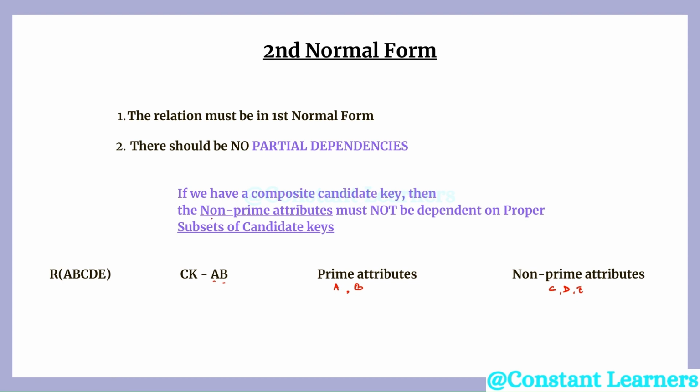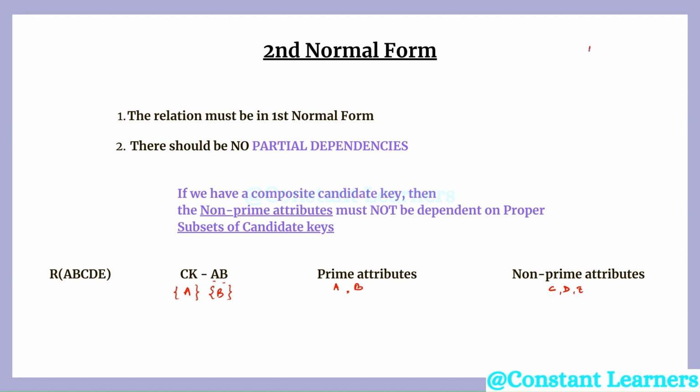Right? So the non-prime attributes must not be dependent on proper subsets of candidate keys. Now in this case, since candidate key is AB, what are the proper subsets of this? A and B. Right? This will be the proper subsets of AB.